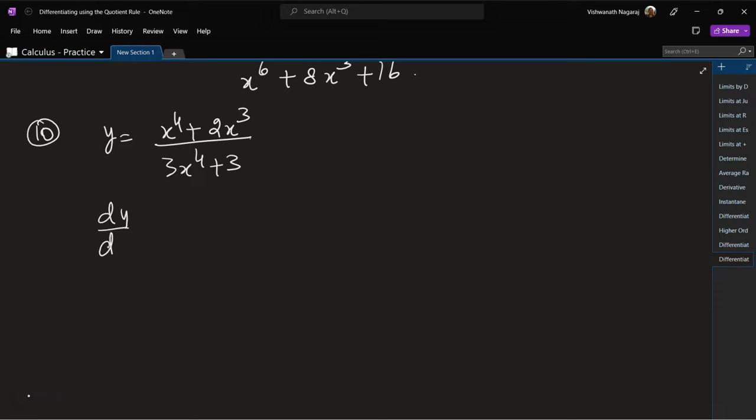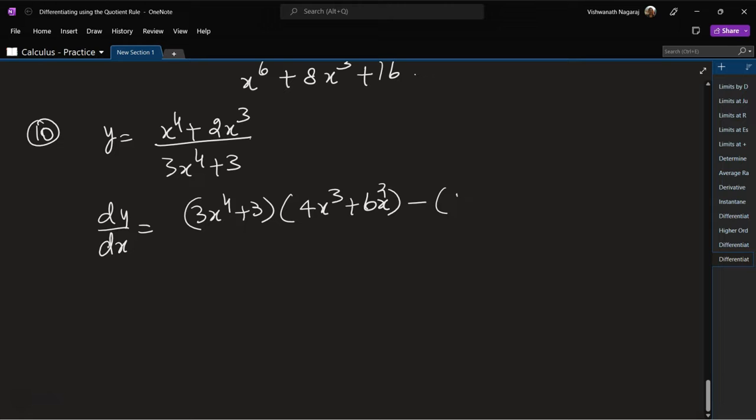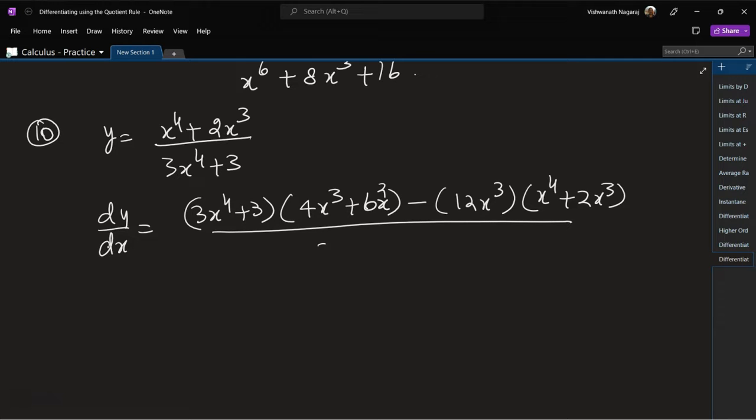So dy by dx is equal to (3x⁴ plus 3), denominator as it is, derivative of the numerator, so 4x cube plus 6x square, minus, now the derivative of the denominator, so 12x cube times (x to the power of 4 plus 2x cube), numerator as it is, divided by (3x⁴ plus 3) square.